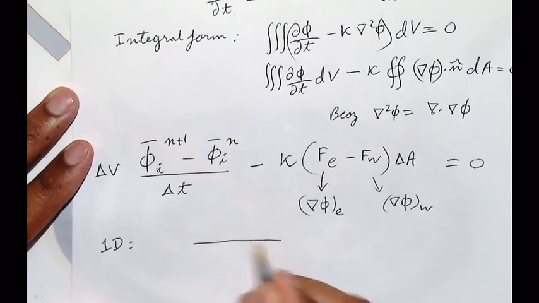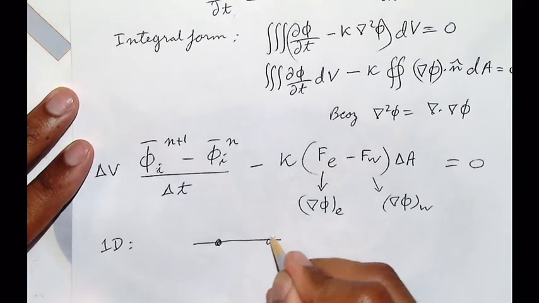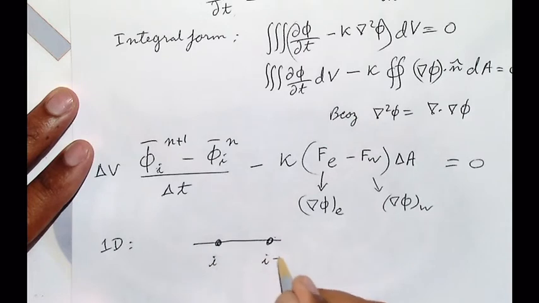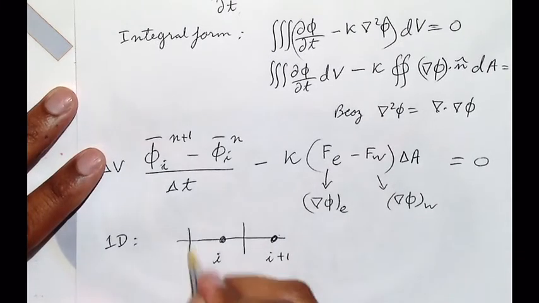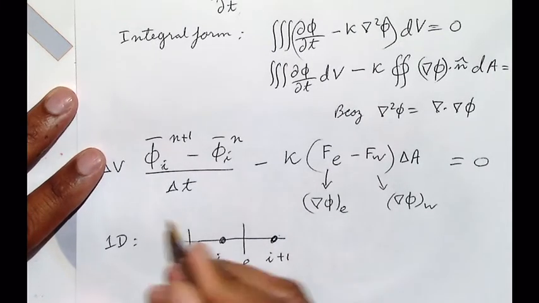So in 1D, we have something over here, something over here, I plus 1. We have a cell face, okay? And we have a cell face here, east, west.